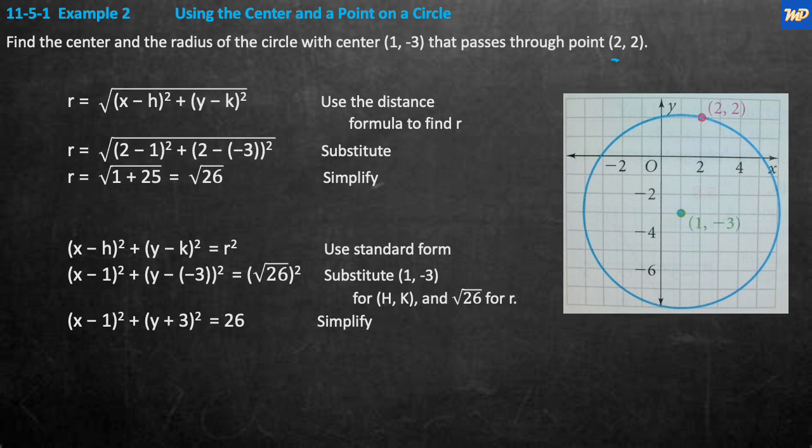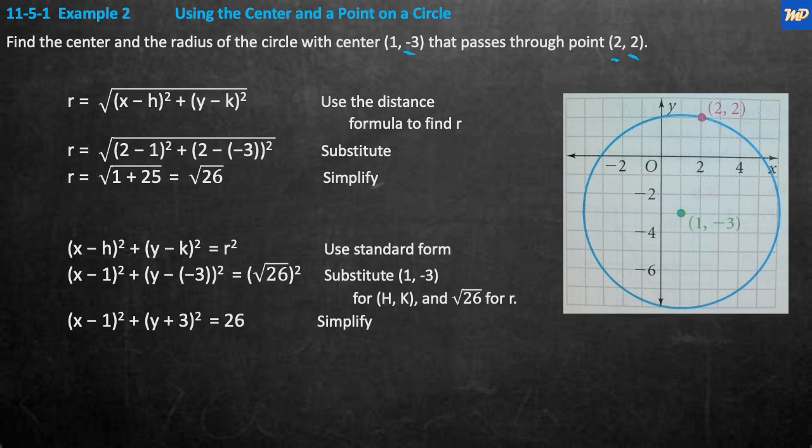Okay, so it's (2 minus 1) squared plus the y value, which is the other 2, the point on the circle, minus the k value, which is the negative 3. So we've got the quantity negative 3 squared.